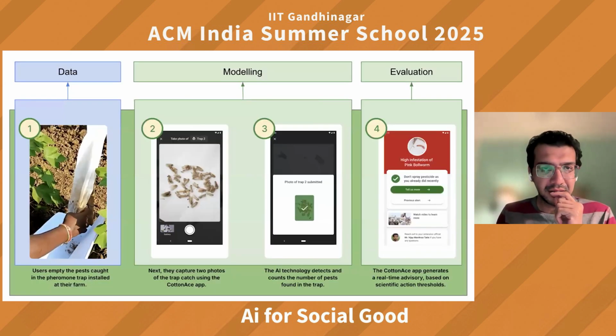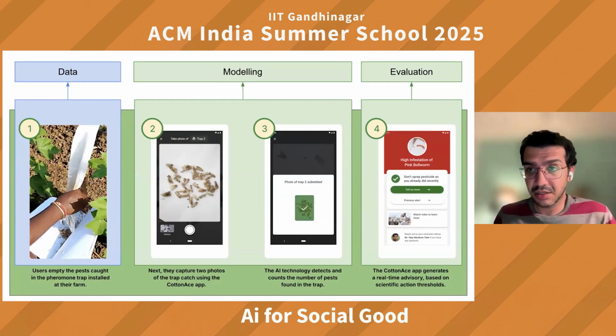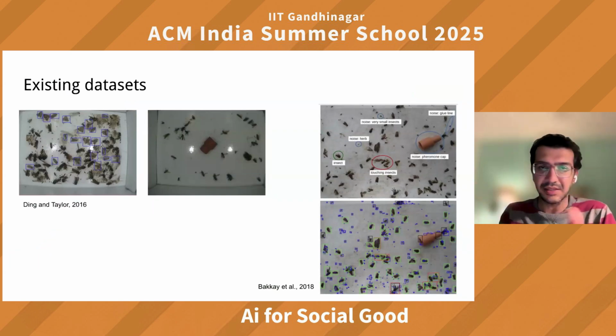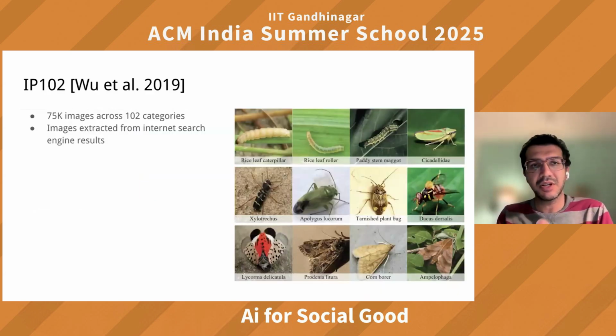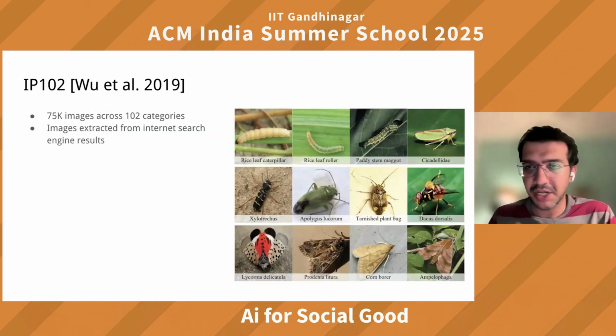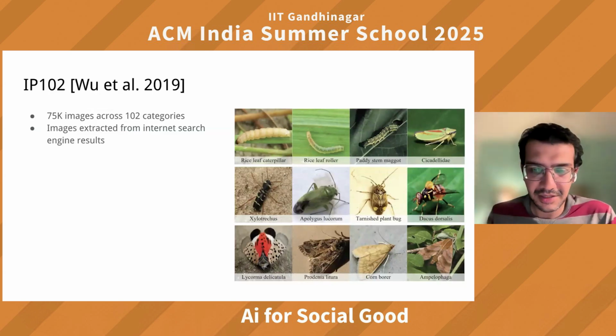So when we started this back in 2018, many years ago, these were the data sets. One is terrible data sets, or there were other very nice academic American data sets, but they were pictures like this.